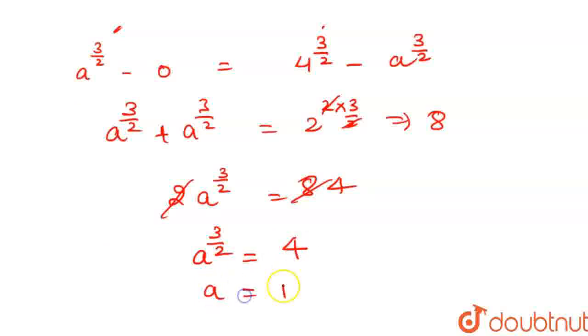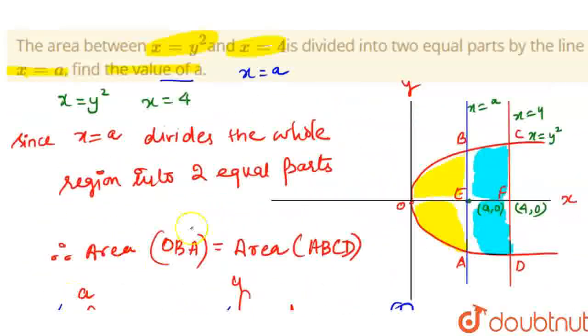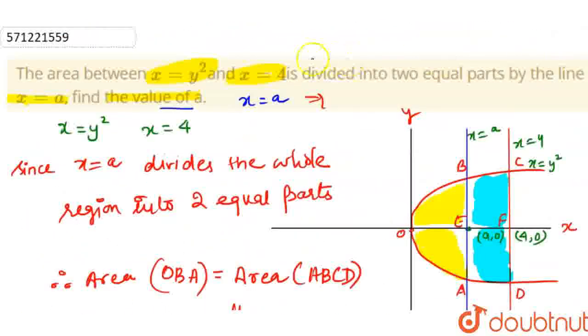That means a equals 4 to the power 2 by 3, right? That is our value of a, which will divide the whole region into two equal parts. So a equals 4 to the power 2 by 3, and that is our final answer.